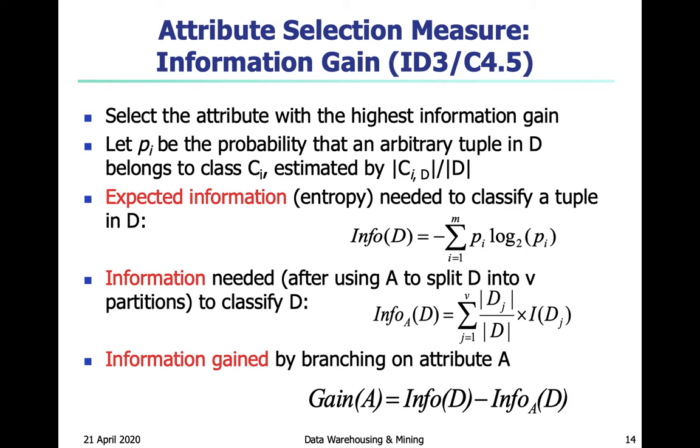Now we will discuss information gain. ID3 uses information gain as its attribute selection measure, and this measure is based on pioneering work by Claude Shannon on information theory.